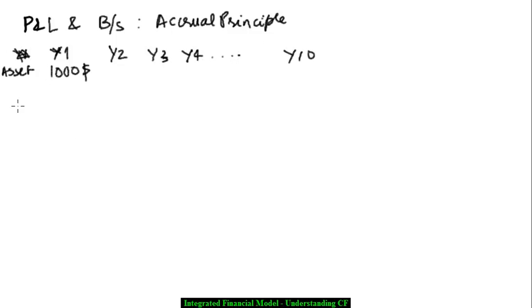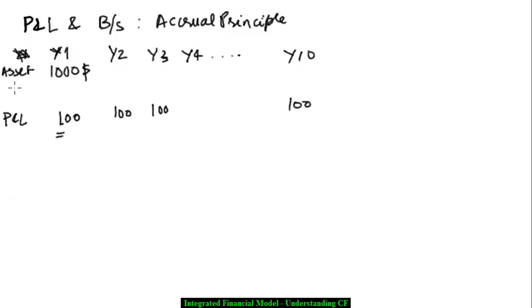So if we speak about the profit and loss account, right, we'll have a depreciation. So depreciation is an allocation of my cost. So I depreciate it like $100 each year, right? So this goes out of my revenue, and my profits are reduced by $100, right?